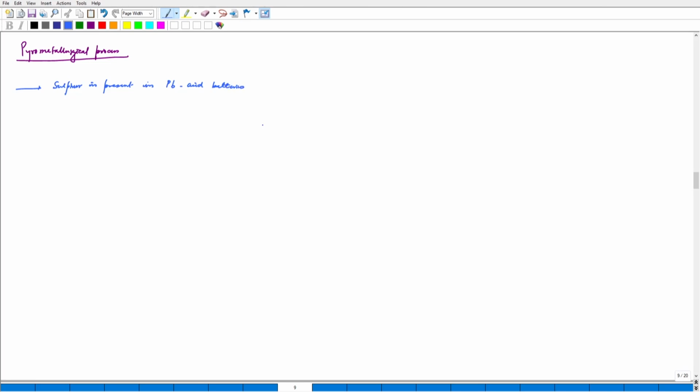Which means there is a possibility of sulfur being released as SO2. So SO2 generation is possible.